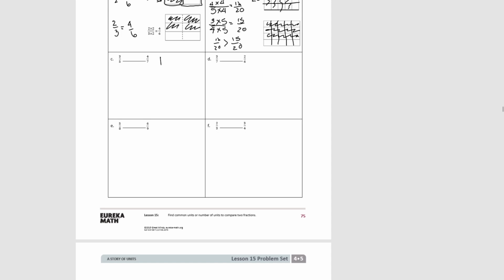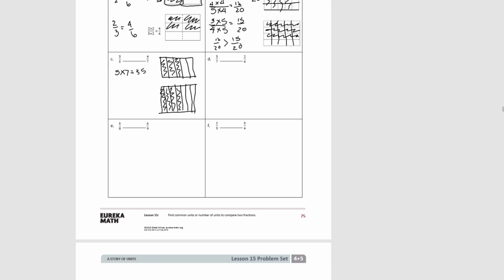Okay, for C, we need to draw our own area model. So we're going to start with showing 3/5. And our second fraction is 4/7. And now to find our new denominator, we're going to multiply 5 times 7 and get 35.